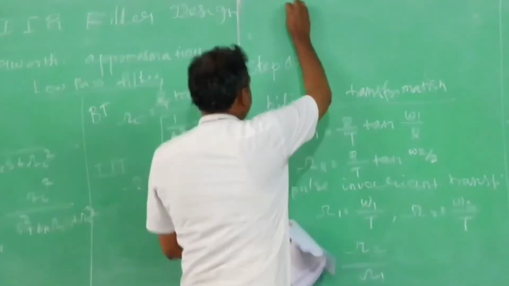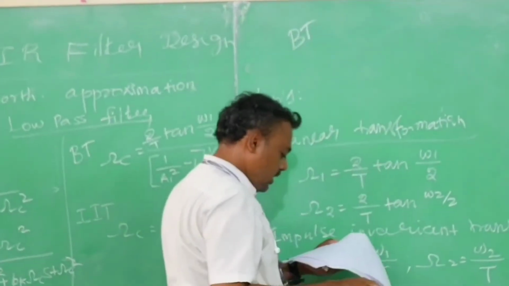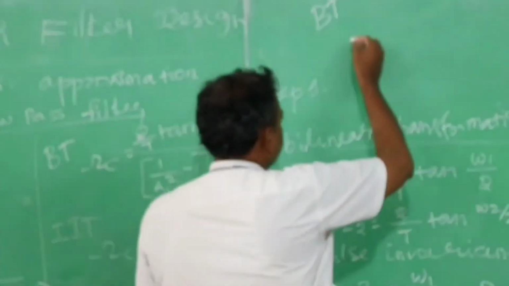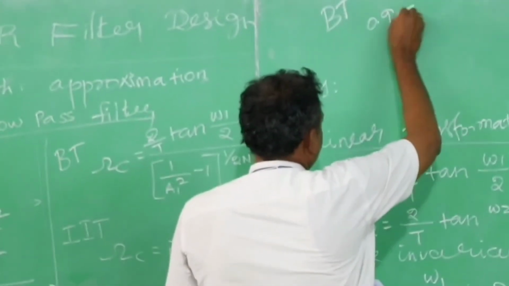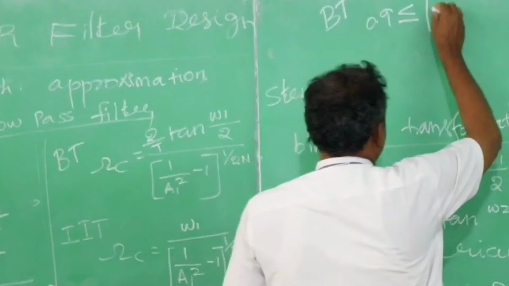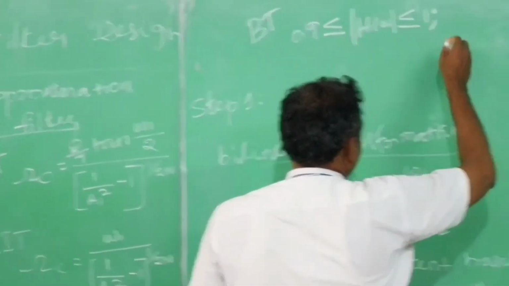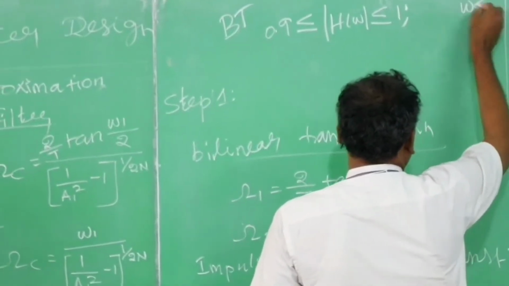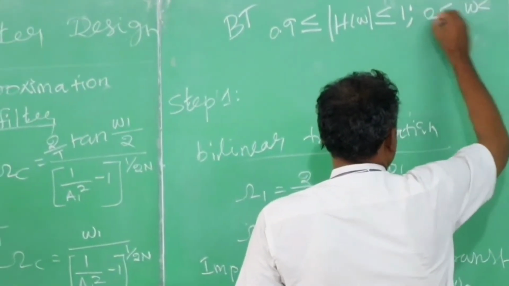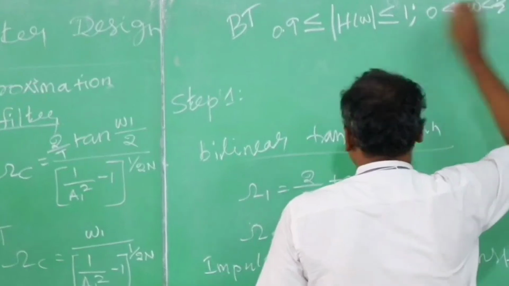We can consider the bilinear transform for the design, and the specifications are given as 0.9 less than or equal to mod of H(omega) less than or equal to 1 when omega lies between 0 to pi by 2.